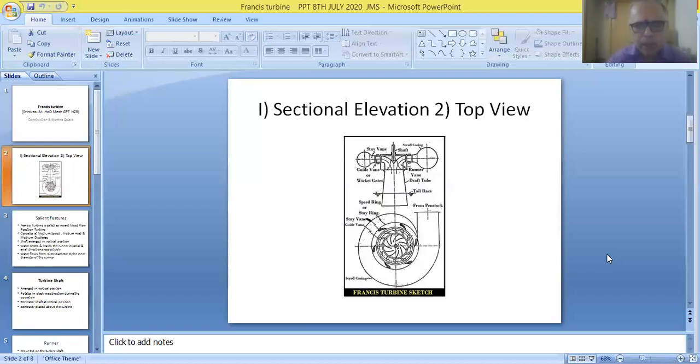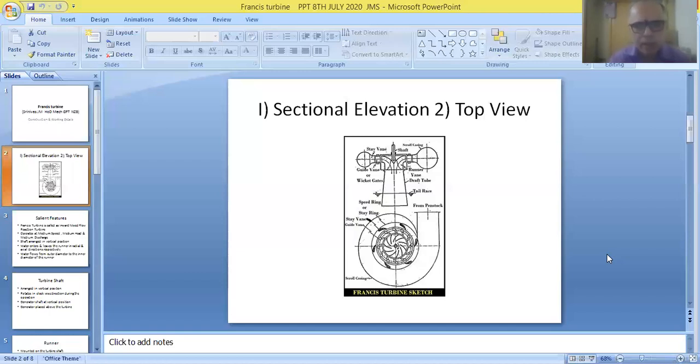Now, the area of cross-section of the casing is gradually decreasing in the direction of flow of water. So therefore, pressure energy will be converted into kinetic energy of the liquid. So initially the casing is used for raising the kinetic energy of the liquid.